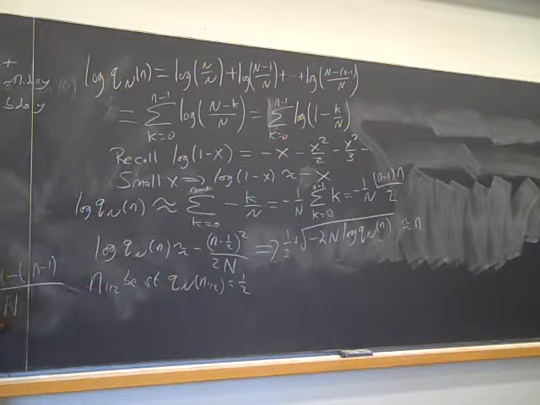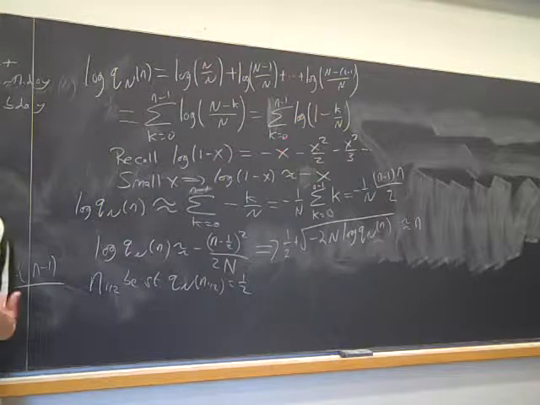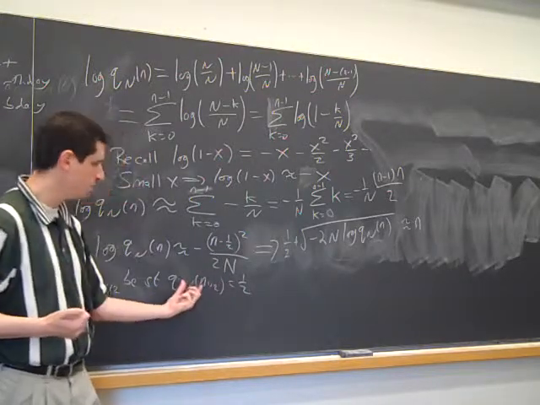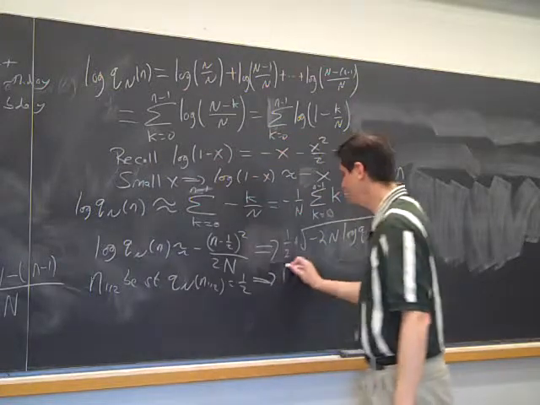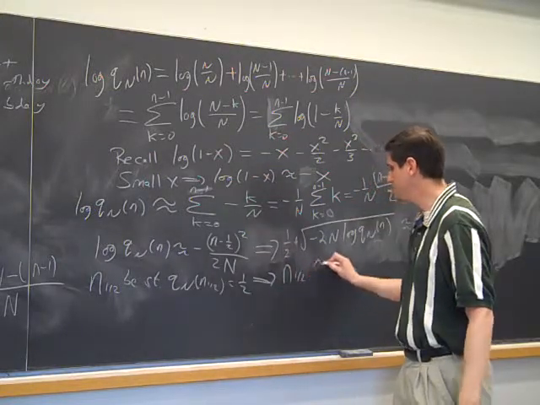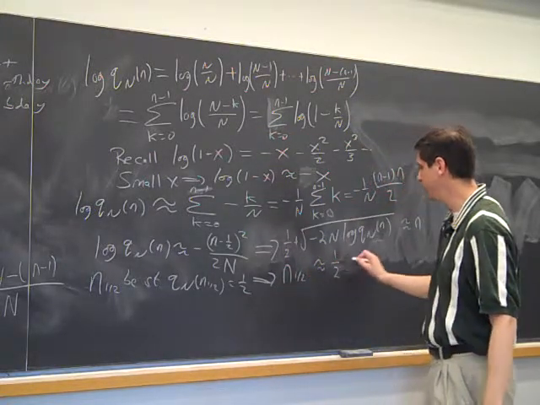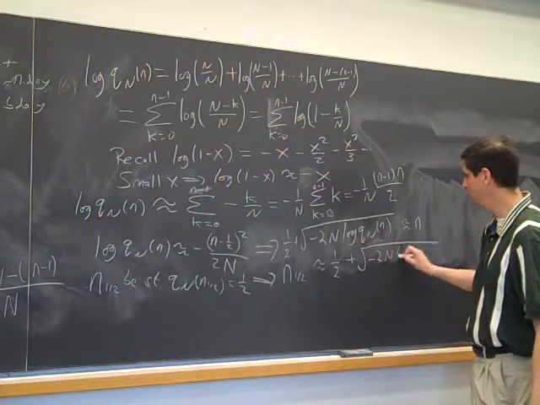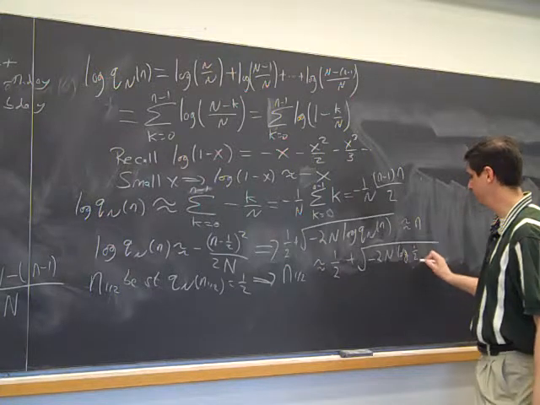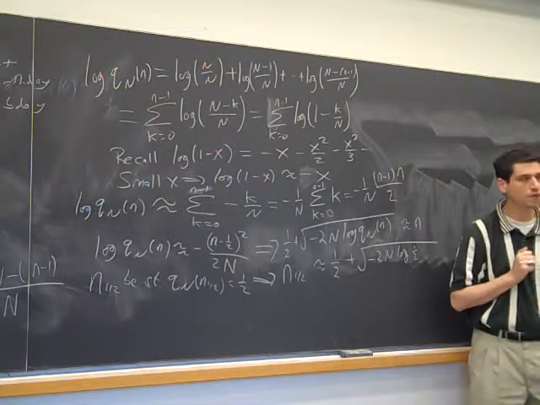I'm searching for the value of little n such that I have a 50-50 chance. If I have a 50-50 chance, this probability is supposed to be 1/2. So that tells me my special value of n is approximately 1/2 plus the square root of minus 2N log of 1/2. What's the log of 1/2?